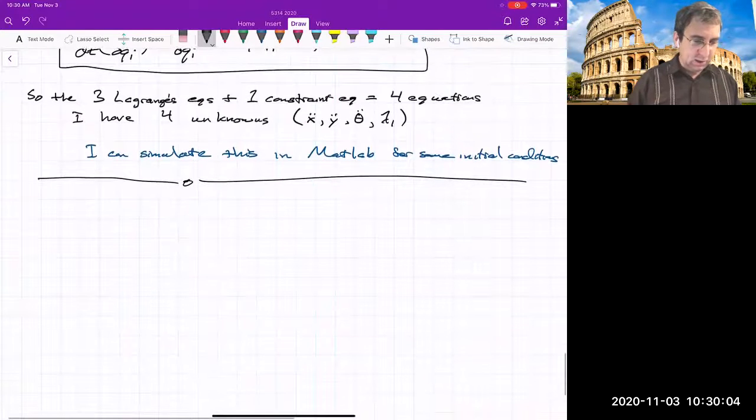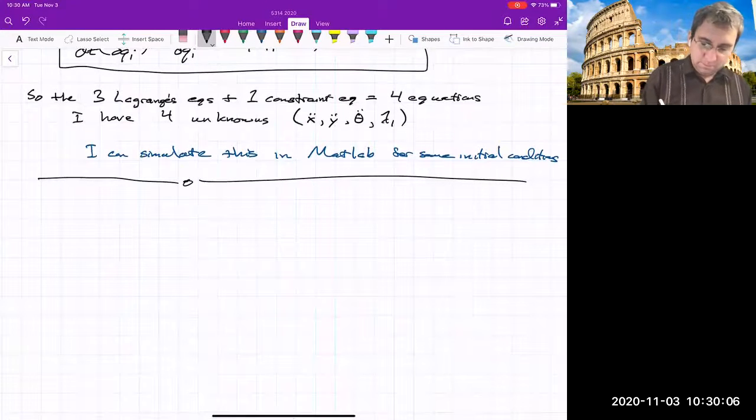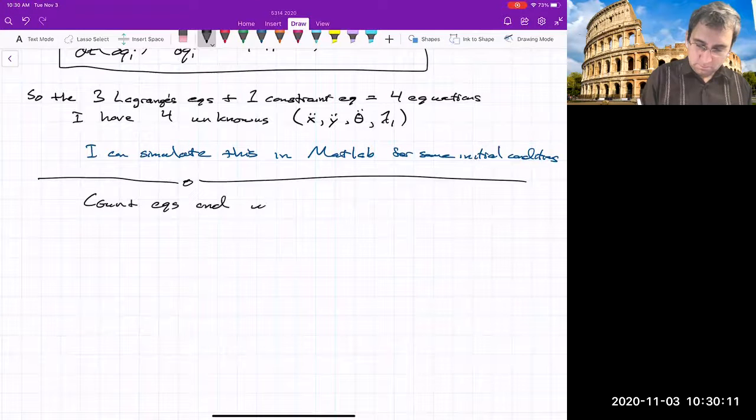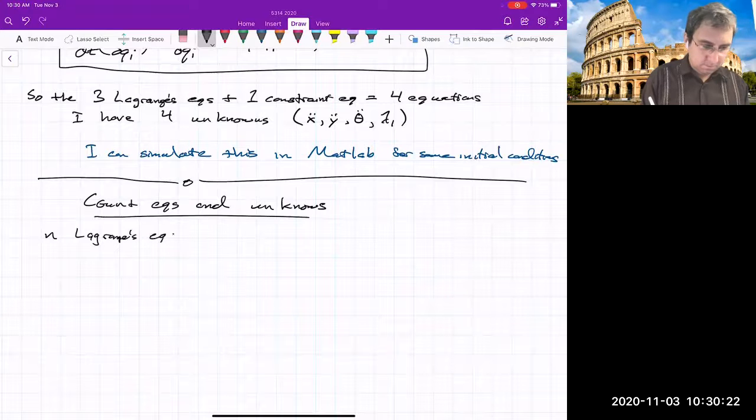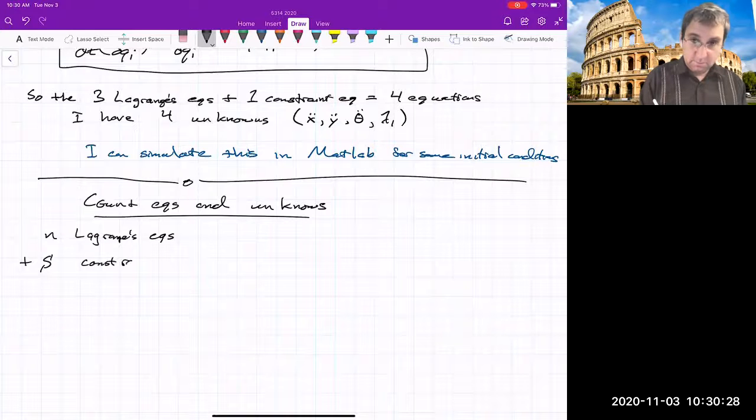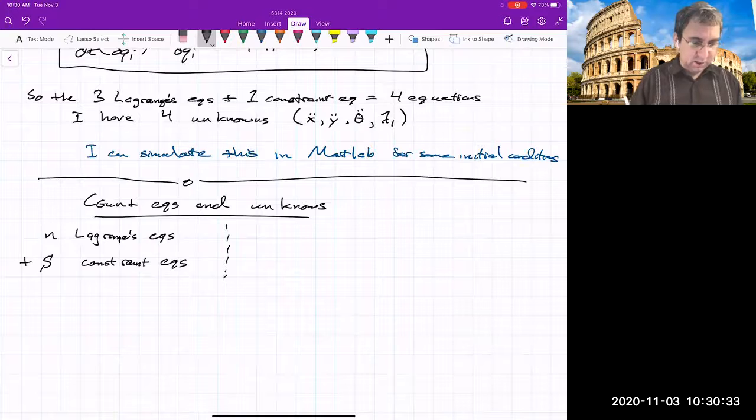So let's just count the equations and the unknowns. For these types of systems, we've got n Lagrange's equations plus s constraint equations. What about the unknowns?